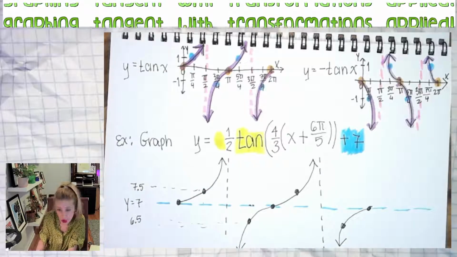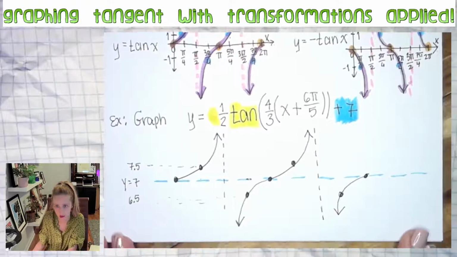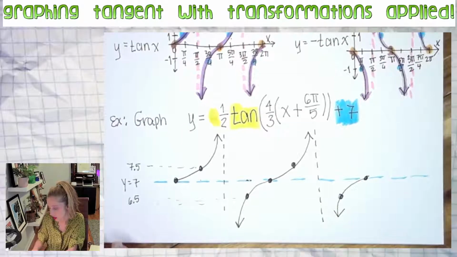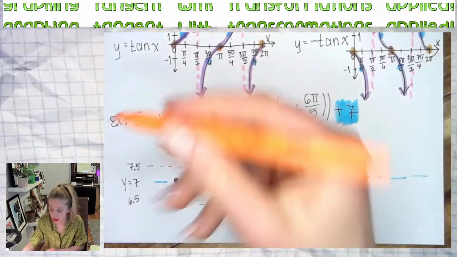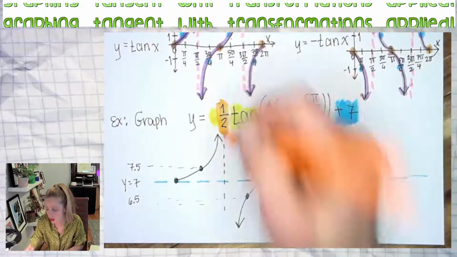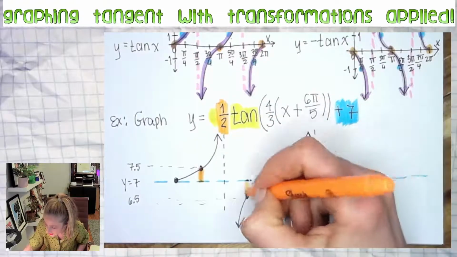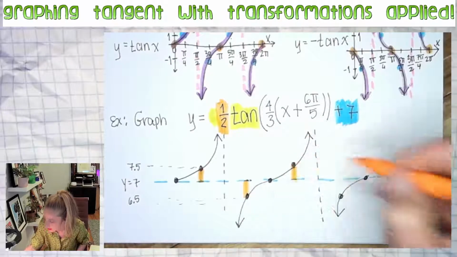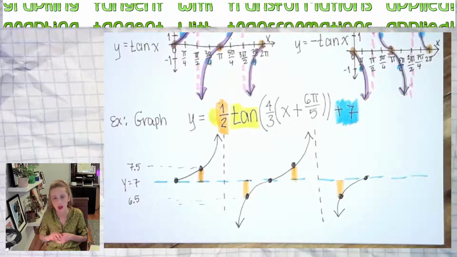But again, those are just off to the side. I don't know where my axes are yet, okay? Next thing, so that dealt with the 1/2. So it's sort of like an amplitude, but we don't have a measurable wave. So it's really showing that distance to the sinusoidal axis, okay? That's what we're measuring with that 1/2.